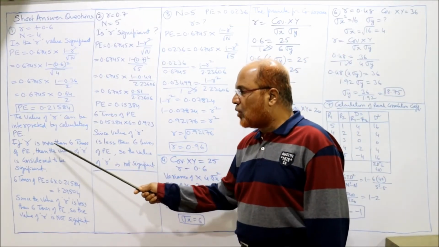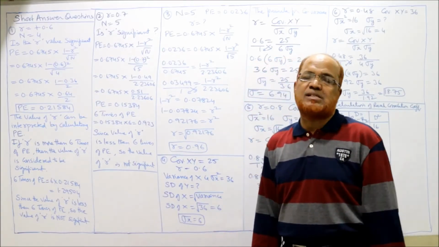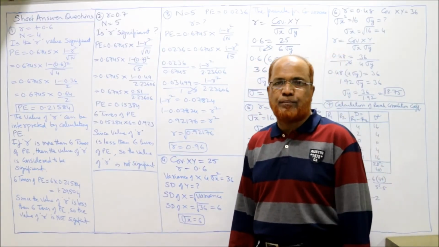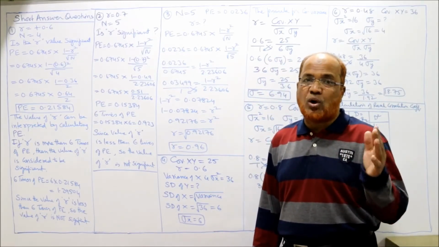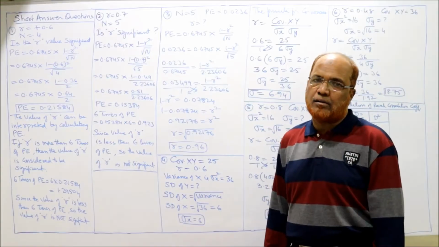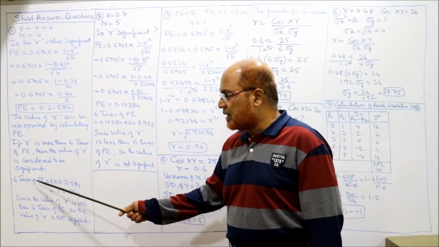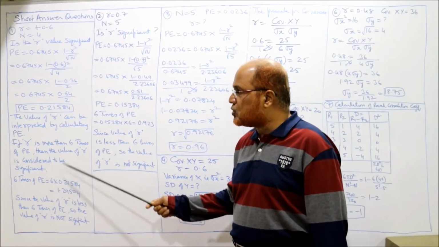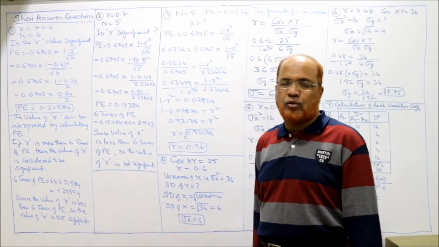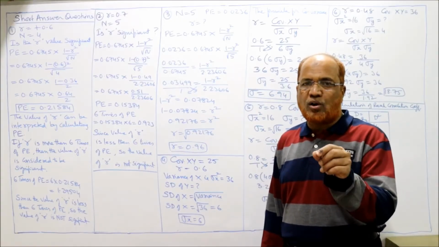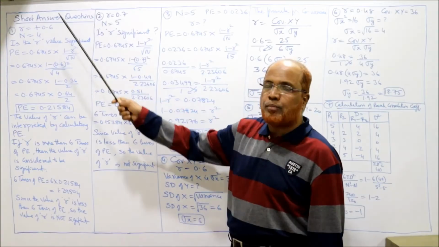If R is more than 6 times of PE, then the value of R is considered to be significant. This rule you have to remember. If the value of R is more than 6 times of PE, probable error. So we calculate how much is 6 times of PE. 6 times of PE is equal to 6 into 0.21584. So it comes to 1.2954. 6 times of PE is this much, whereas the value of R is how much? 0.6.